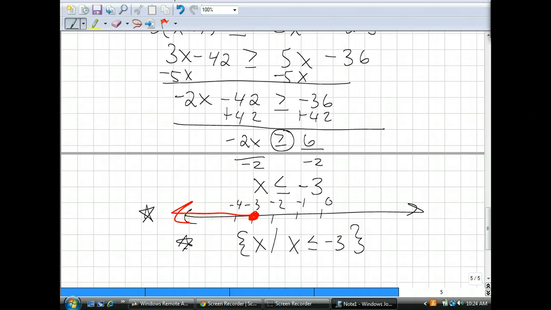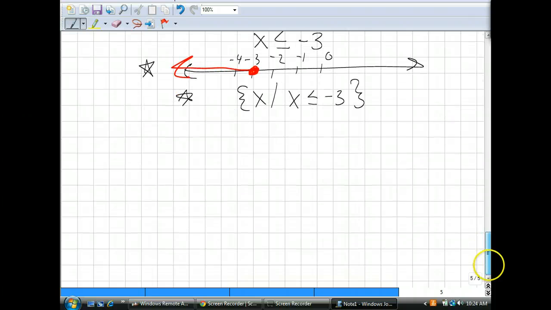Now we also have some word problems to do also. So example 4.